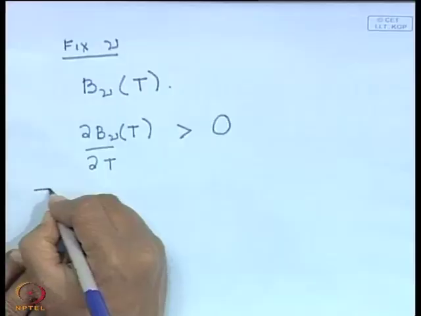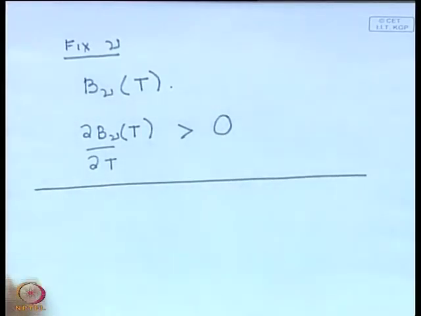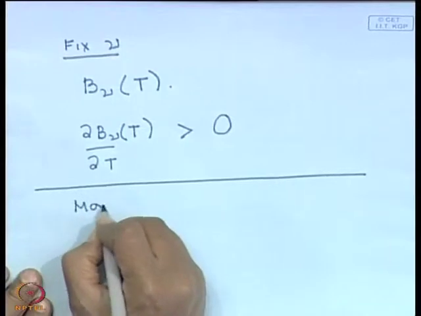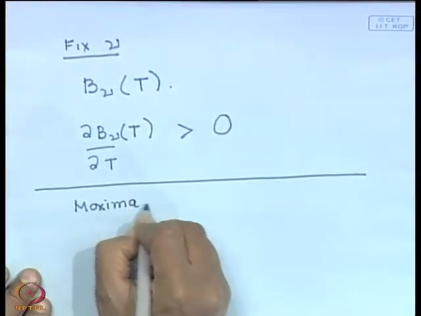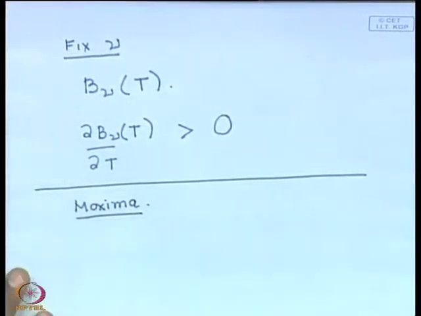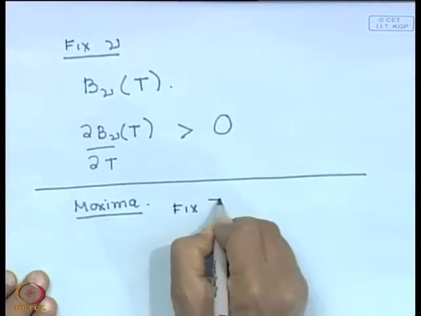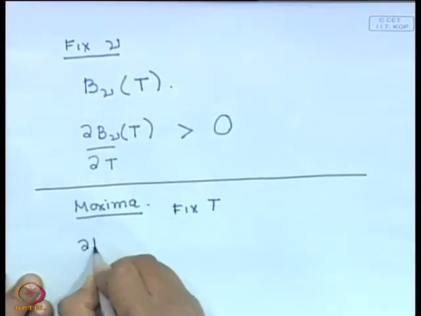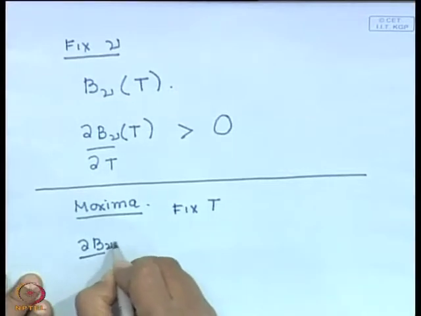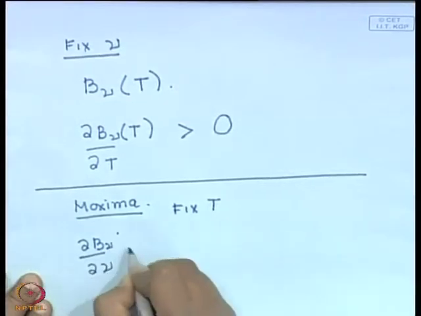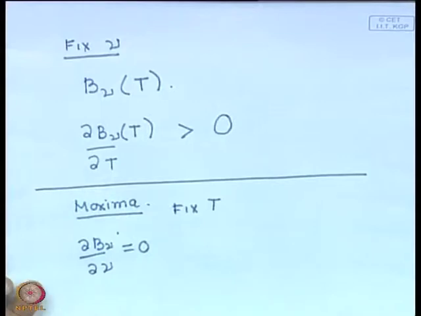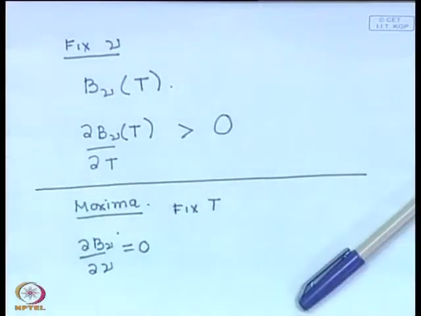The second thing is, you can determine where the maximum occurs in frequency. So, at a fixed temperature T, ask the question: where is del B by del nu equal to 0? This will give you the value of the maximum.